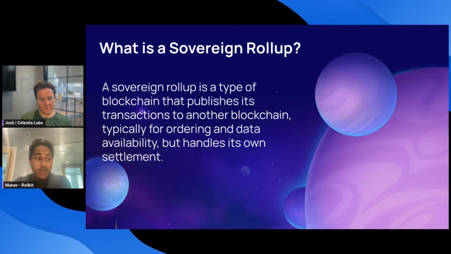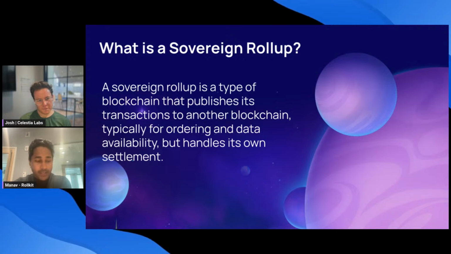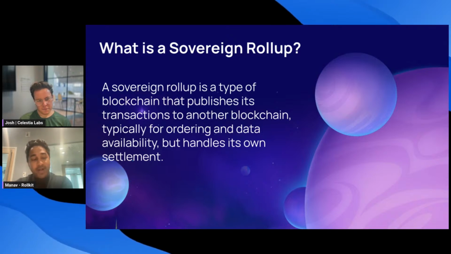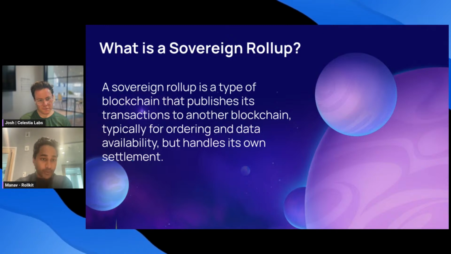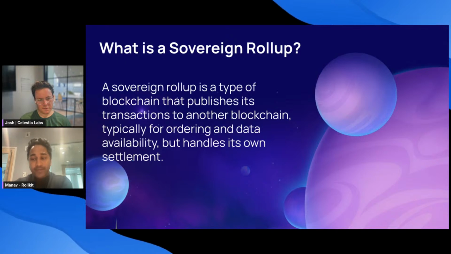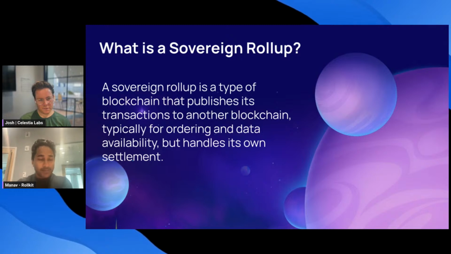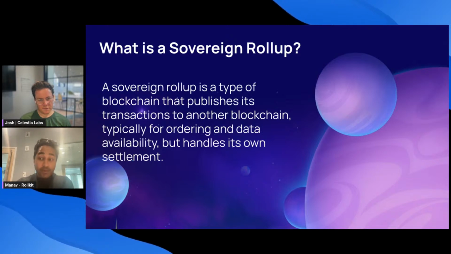Yeah, that's a great question. Something like Optimism or Arbitrum are smart contract rollups. They have a smart contract on Ethereum that they post their state roots to. And they have to prove to Ethereum every hour or every 10 minutes or so, depending on the rollup implementation, that the state root they're posting is correct.